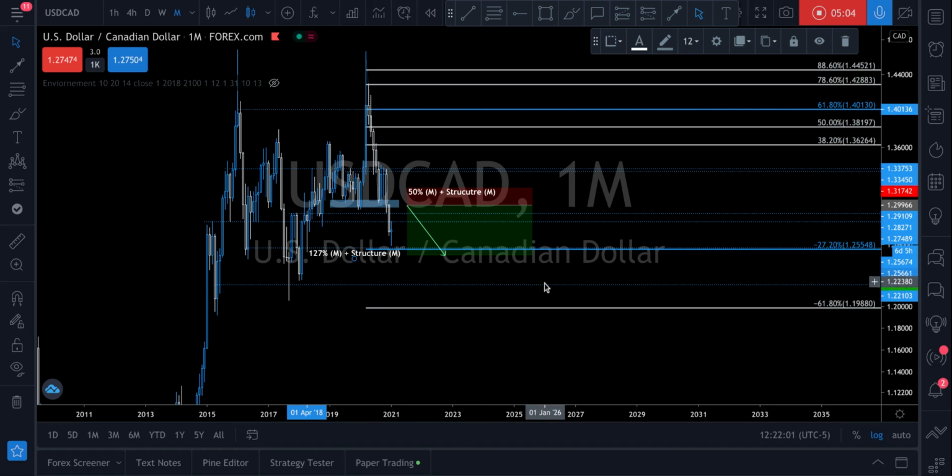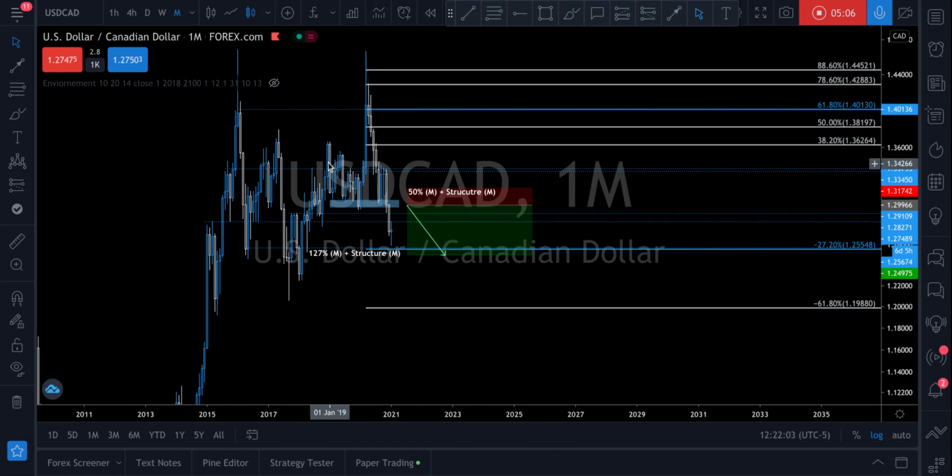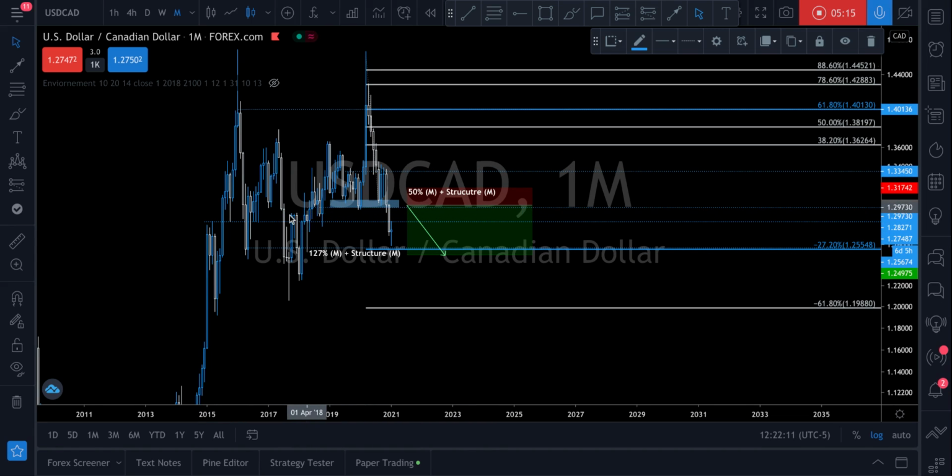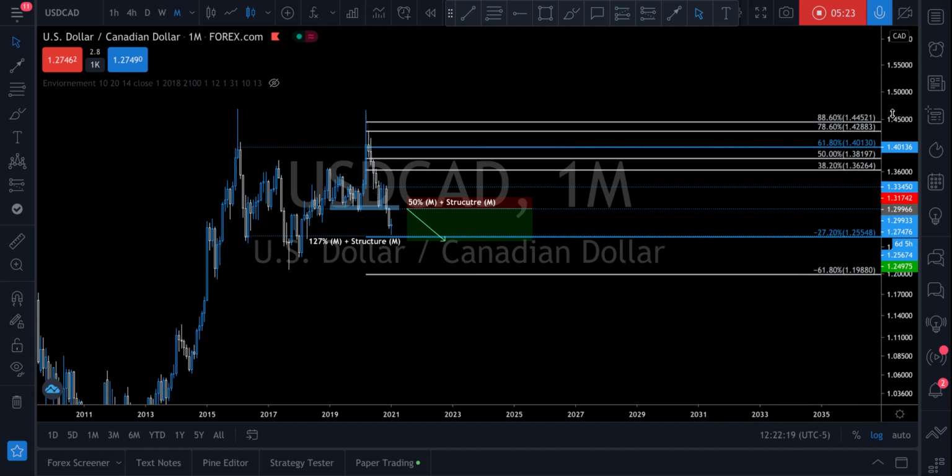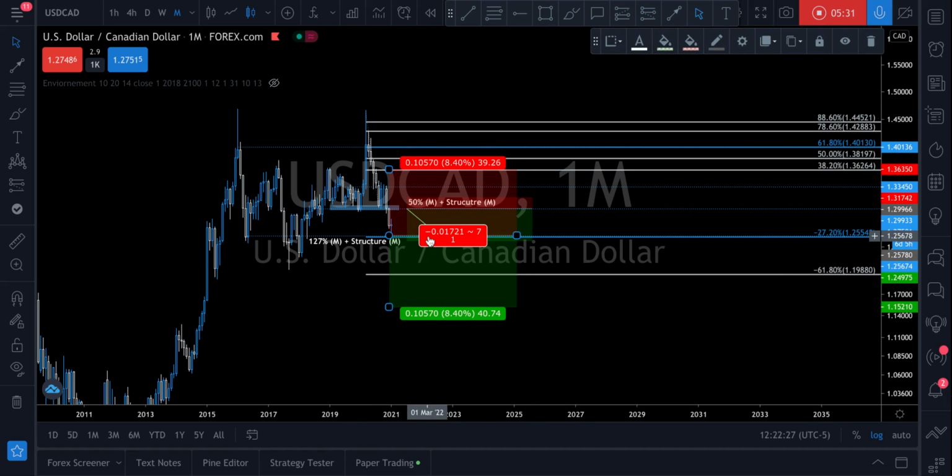So let's delete some of these things because they are not that relevant to us right at the moment. We're only going to get confused. Okay, so because of this, what we're going to be looking for short term is going to be a buying opportunity right here.